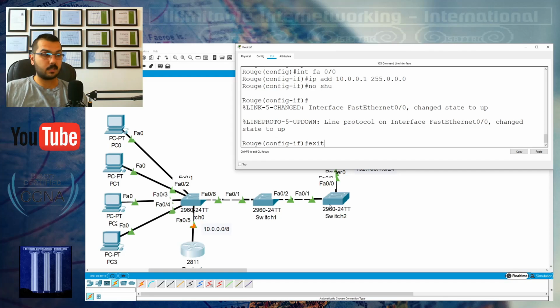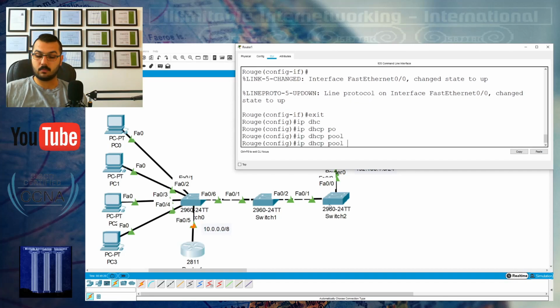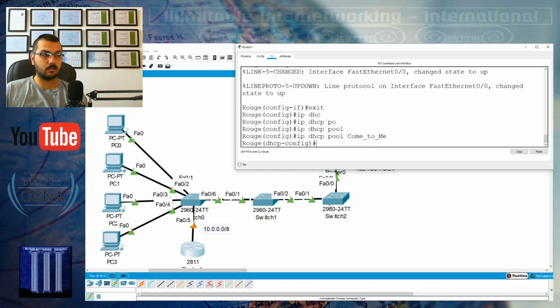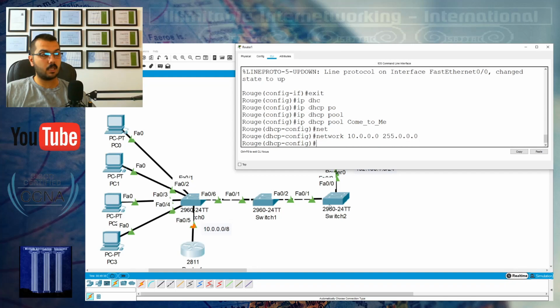No problem. Exit. ip dhcp pool. He's an evil guy. Okay, the network will be 10.0.0.0/8.